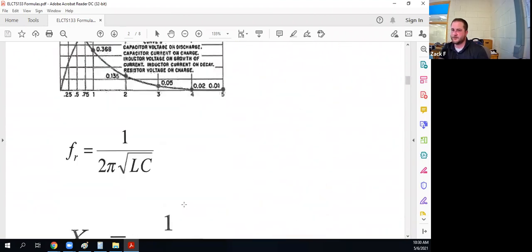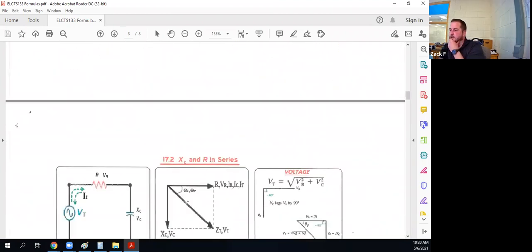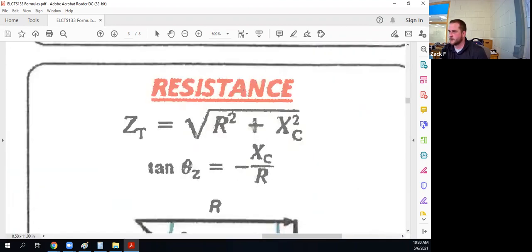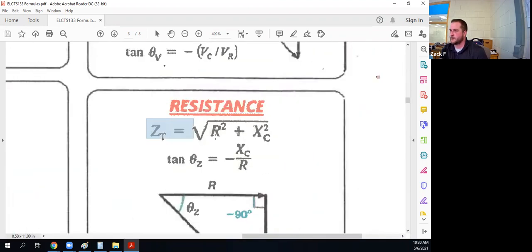What am I doing? Oh. RC series. Total impedance. Square root of resistance squared plus X sub C squared. Right? Found it.